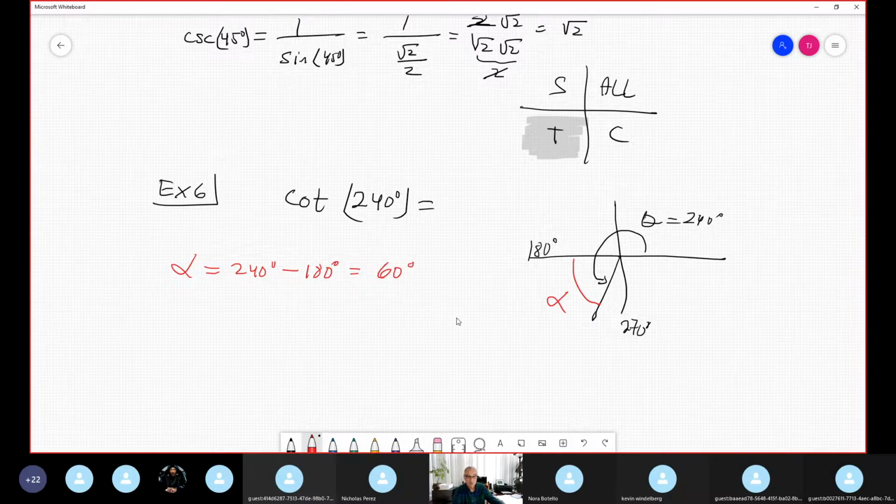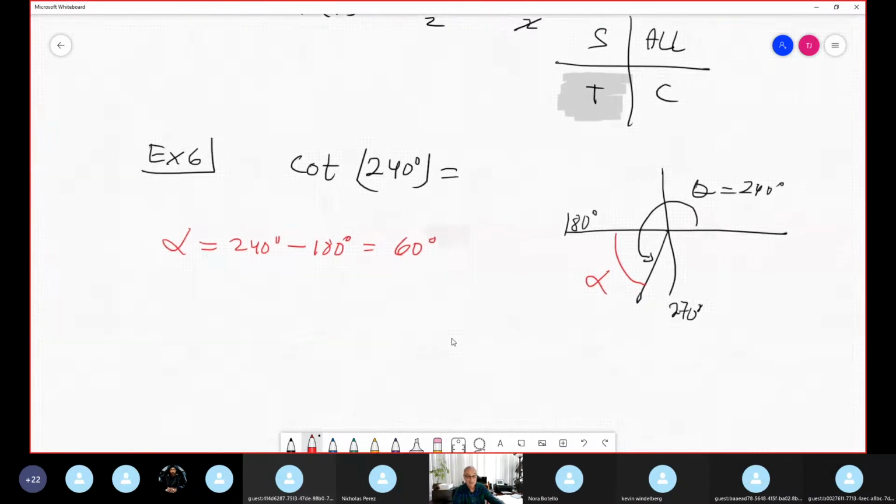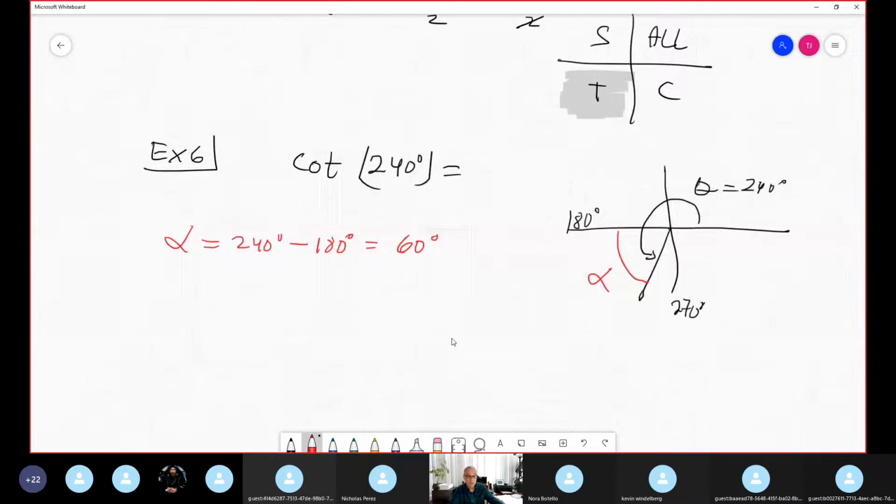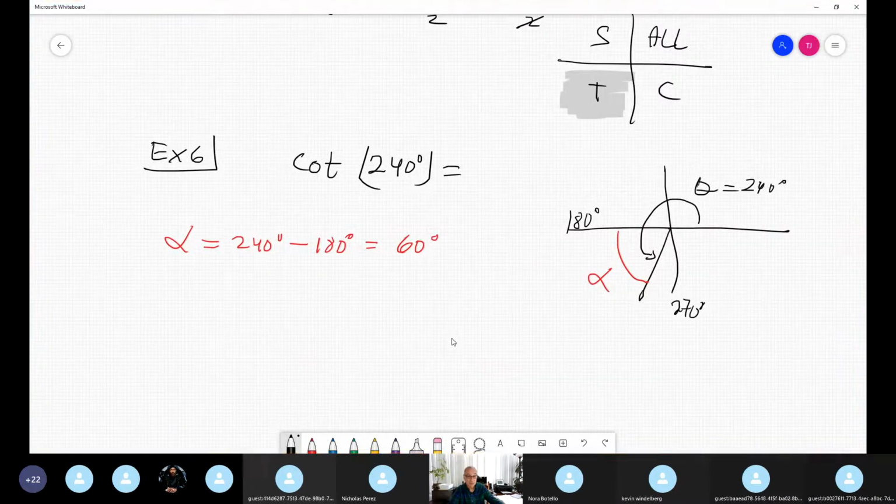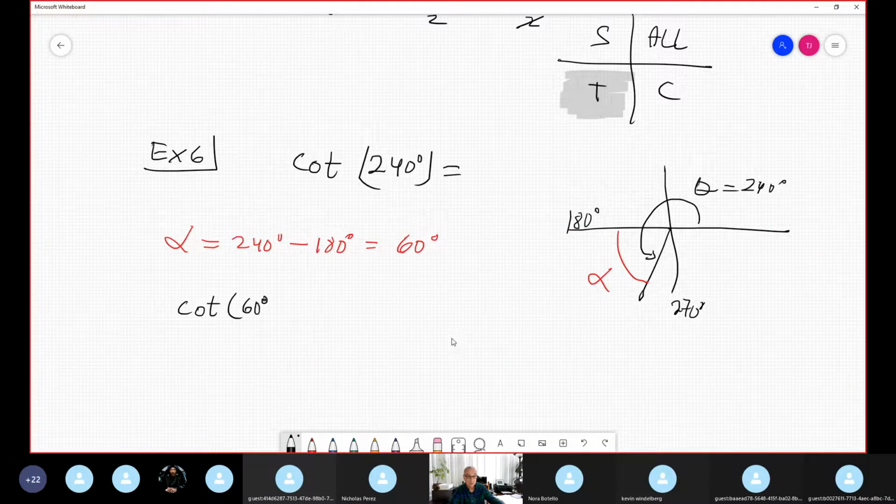Therefore, there is a coincidence between cotangent 240 and cotangent 60. Well, after that I need to adjust the sign.